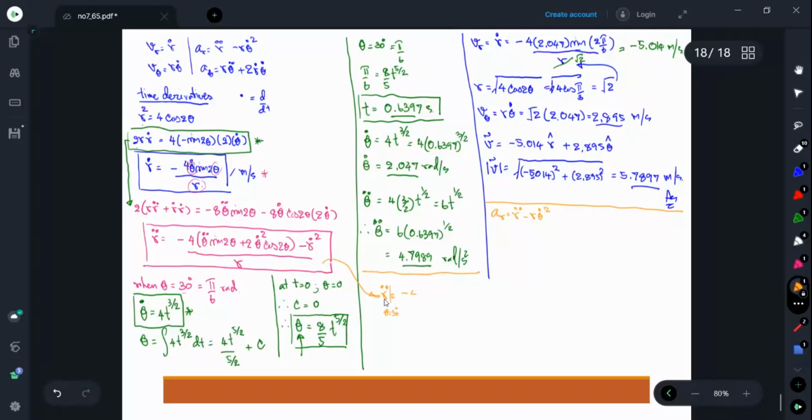It becomes minus 4 times 4.7989, because we know theta double dot, right? And sine pi over 3, oh sorry, and plus, substitute each term into here.